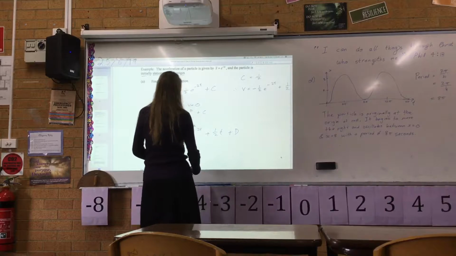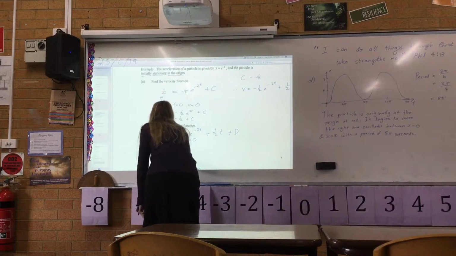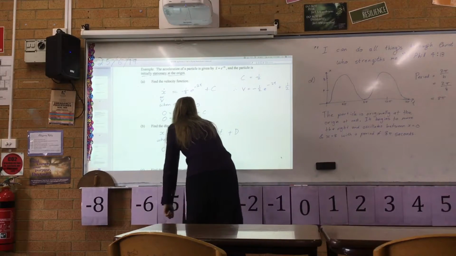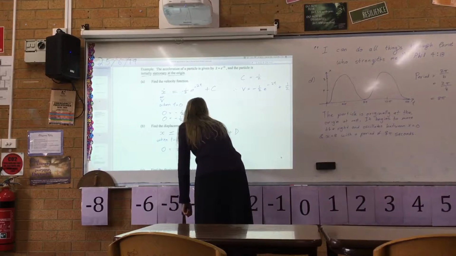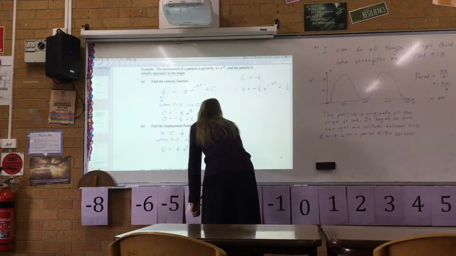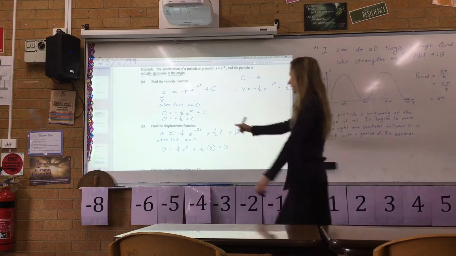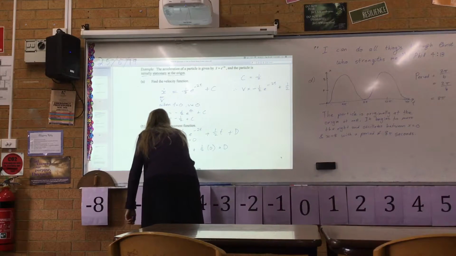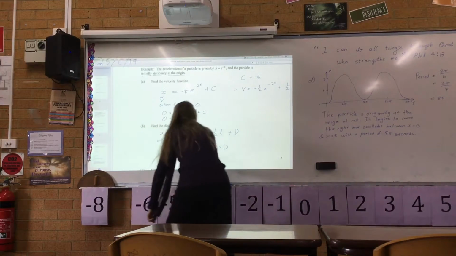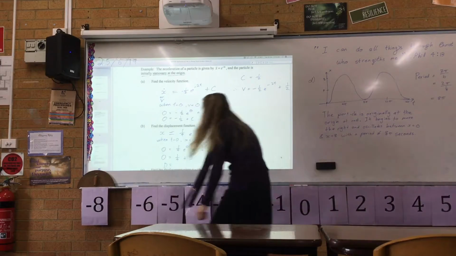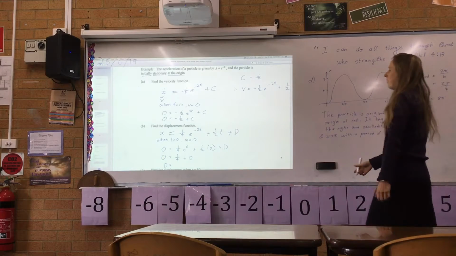So let's just sub that in. 0 equals a quarter, e to the 0, plus half times 0 plus d. Well, that is just a quarter, that turns to 0, so a quarter plus d, so d then must equal negative a quarter.